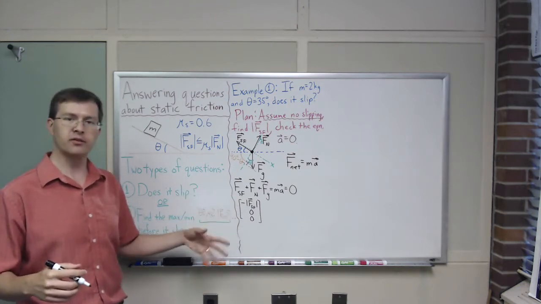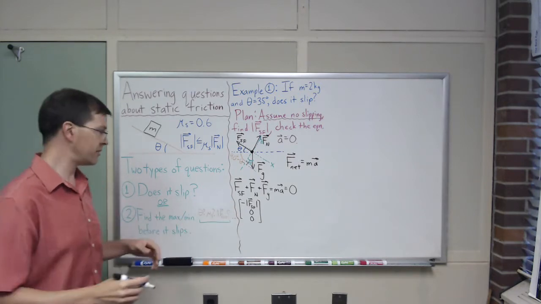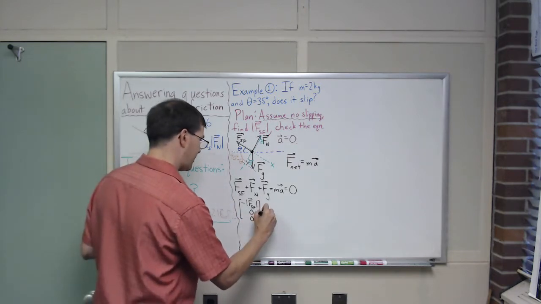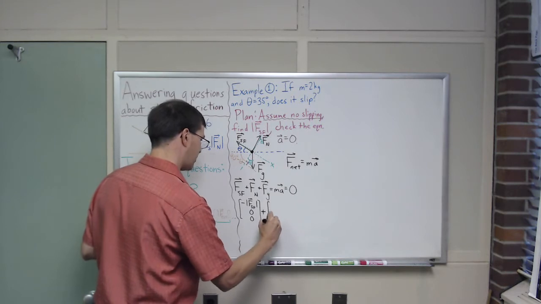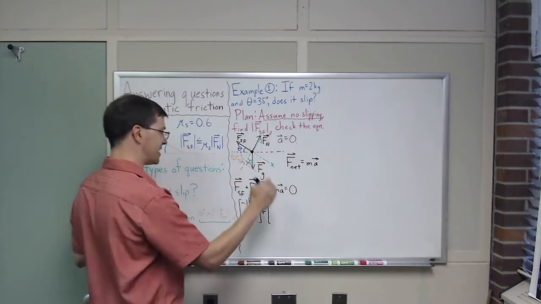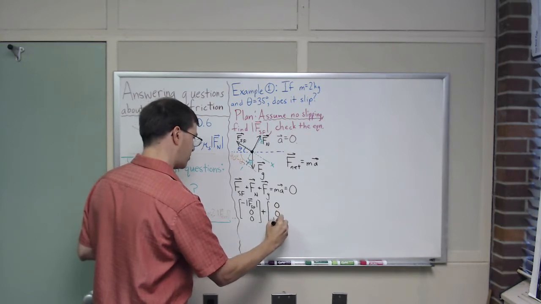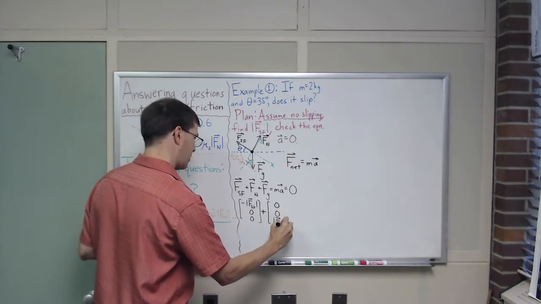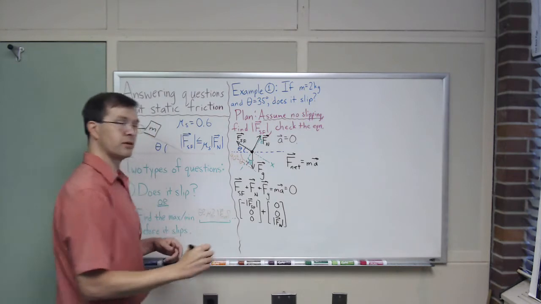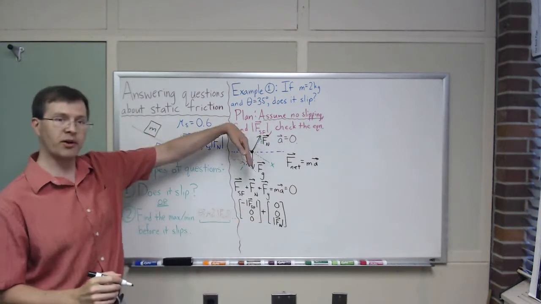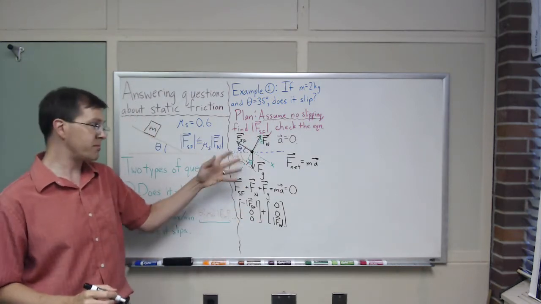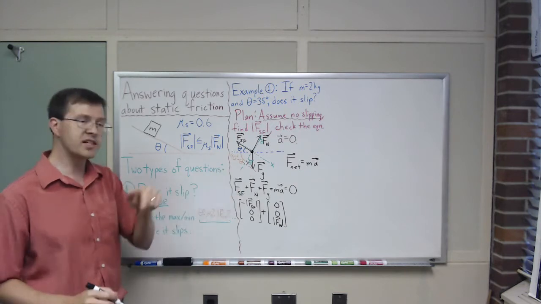But I'm using a three-component vector notation at this point. I've got that. My normal force vector, 3 components, it's all in my plus z direction. So this is 0, 0, and the magnitude of my normal force. Those two are the easy ones because they line up with my coordinate axes. It would be much messier if they didn't. Now I just have one that's not lined up.